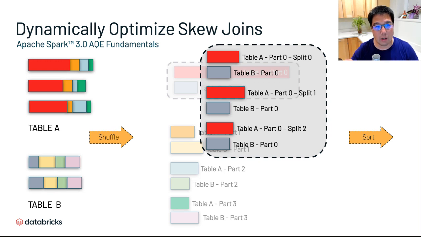Okay, that way you can have more narrow transformations. You can minimize shuffling, so they're all aligned together. So after this step, we can parallelize the shuffle reading, sorting, and merging for this big partition A0. By avoiding generating a very large partition for the sort merge join, we've significantly improved the query performance.